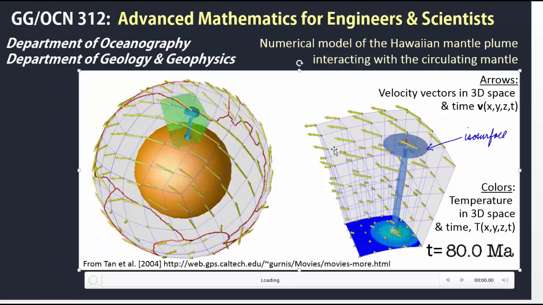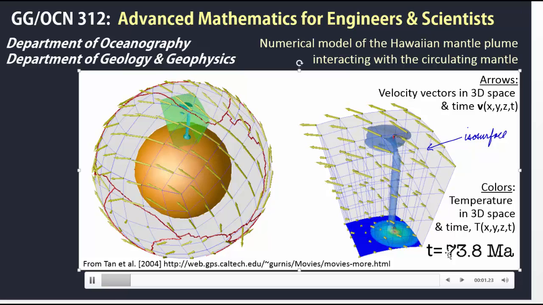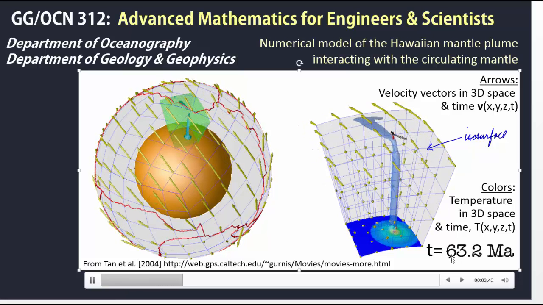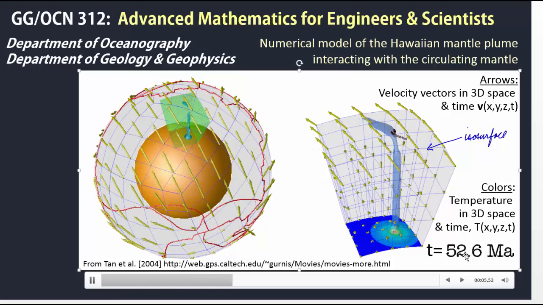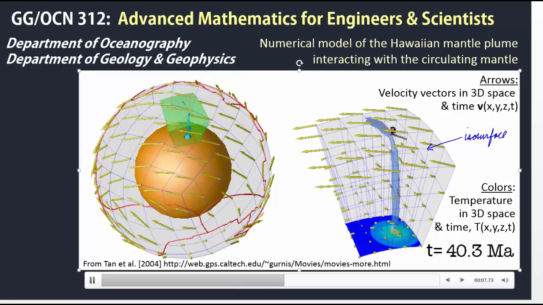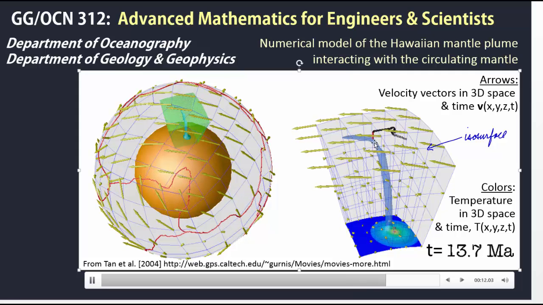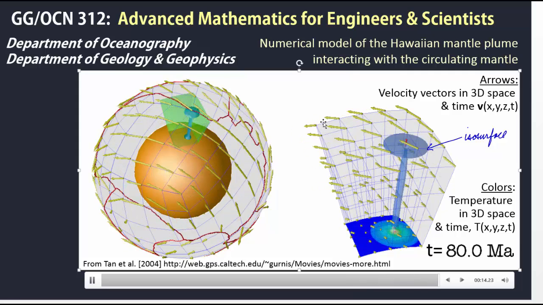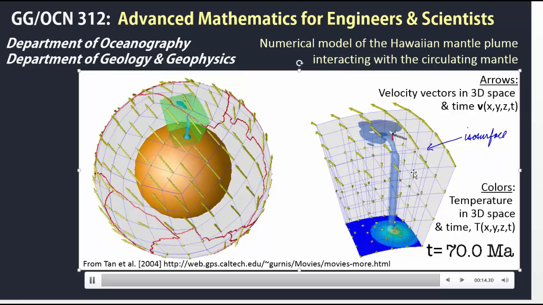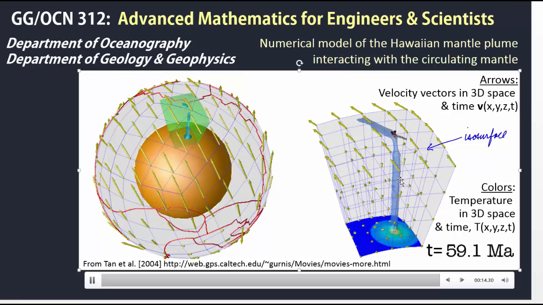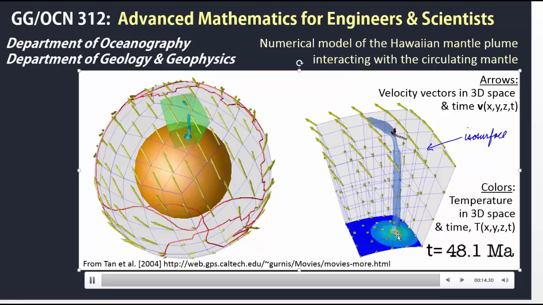As the movie runs, the time proceeds forward from 80 million years ago to present day. And as that happens, you can see obvious changes in the direction and rate of the plate motion on the surface, as well as the directions and rates of velocity in the mantle below it.